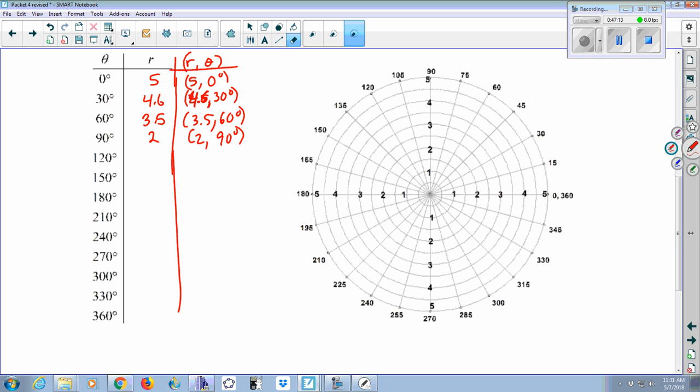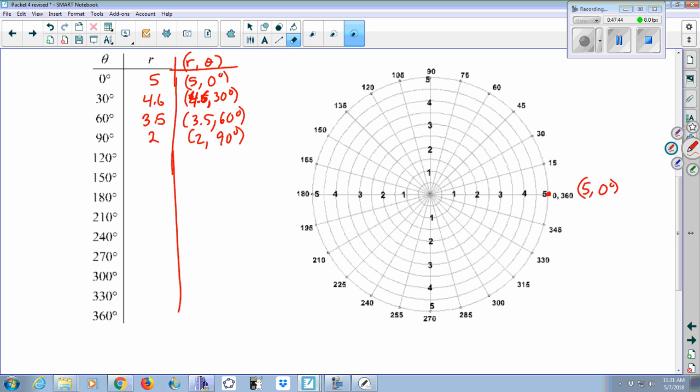We all could use some help plotting these polar coordinates. My first point, I'm at 0 degrees, so I'm right along my polar axis, and I go out 5 units. Here's 5 comma 0 degrees. My next point, and that's why I put in these incremental radii by 0.5, because we got 4.6 here. We go to 30 degrees, along here, and go to 4.6.